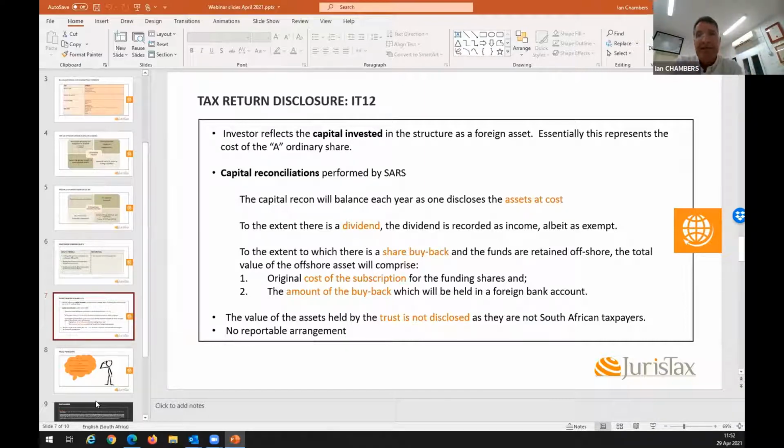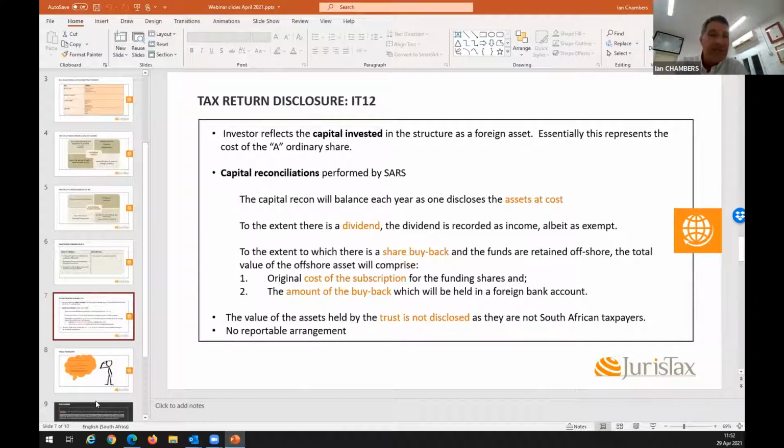There will be no capital gains tax, and anything over and above the initial subscription price will trigger a capital gains tax. Obviously, we want to ensure that the investor at all times retains a minimum 10% investment in the foreign company in order to ensure the flow of dividends remains exempt from taxation in South Africa.